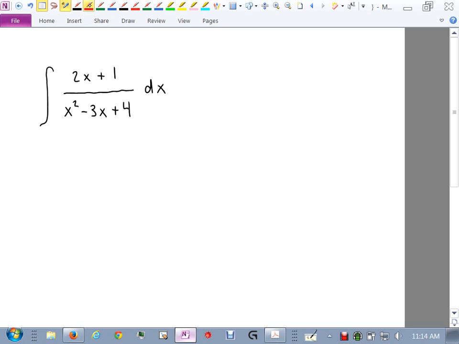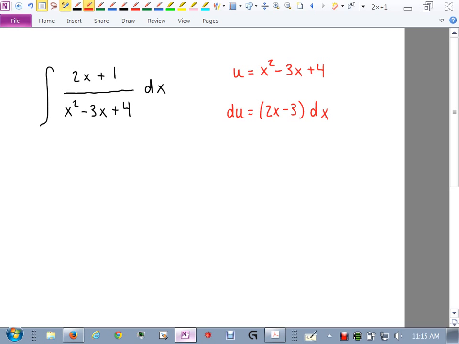However, there is a workaround, all right? Here's the workaround. I'm going to make my denominator x squared minus 3x plus 4 equal to u. The derivative of that is 2x minus 3 dx. And it sure would be nice if I had 2x minus 3 up top.